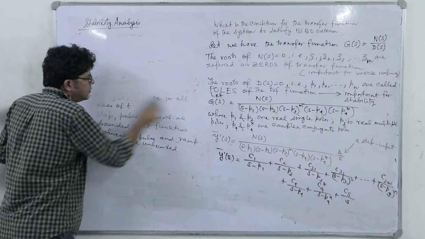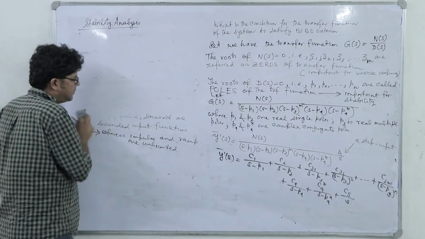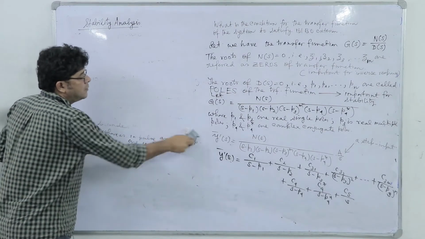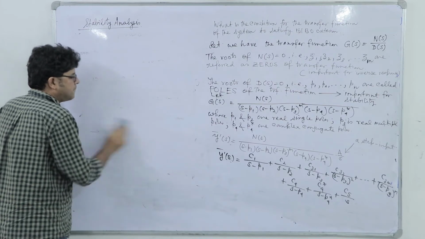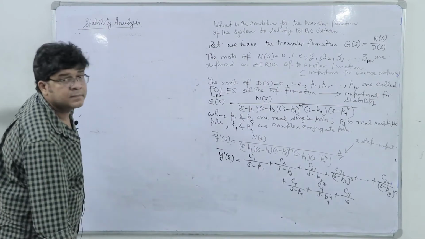So this is a demonstrative kind of example, where we will try to understand the role of these poles in the stability of the system.